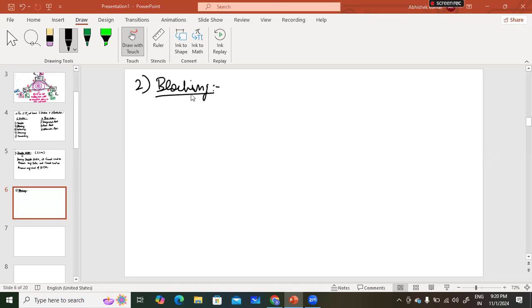Okay, let's move on. During the blocking state, it cannot send or receive data.